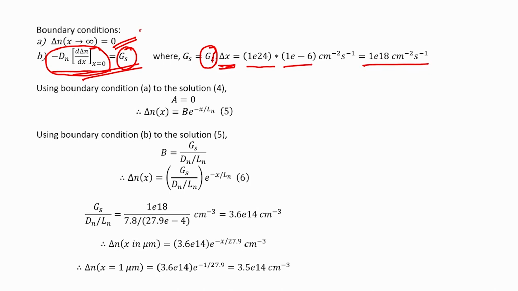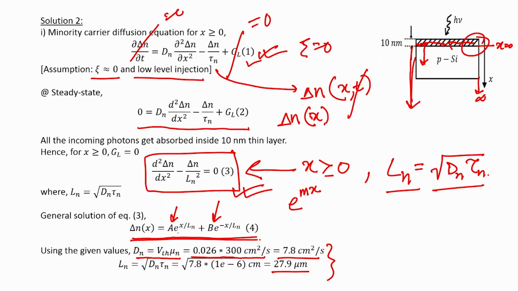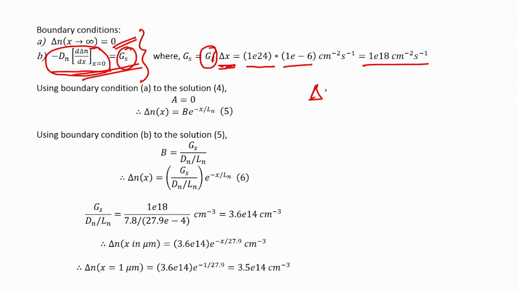Now, you have to use these two boundary conditions to find out the two coefficients A and B in equation 4. Del n x, that is the general solution, equal to A e to the power x by Ln plus B e to the power minus x by Ln.